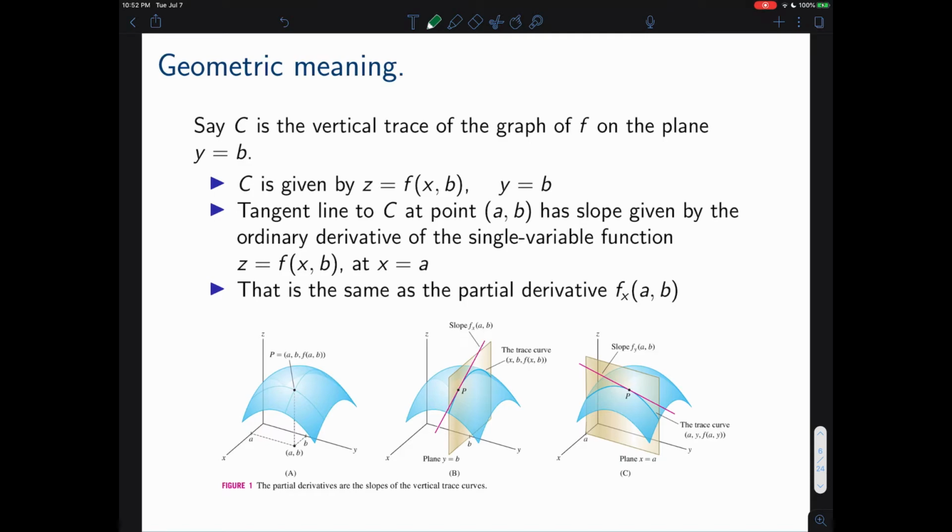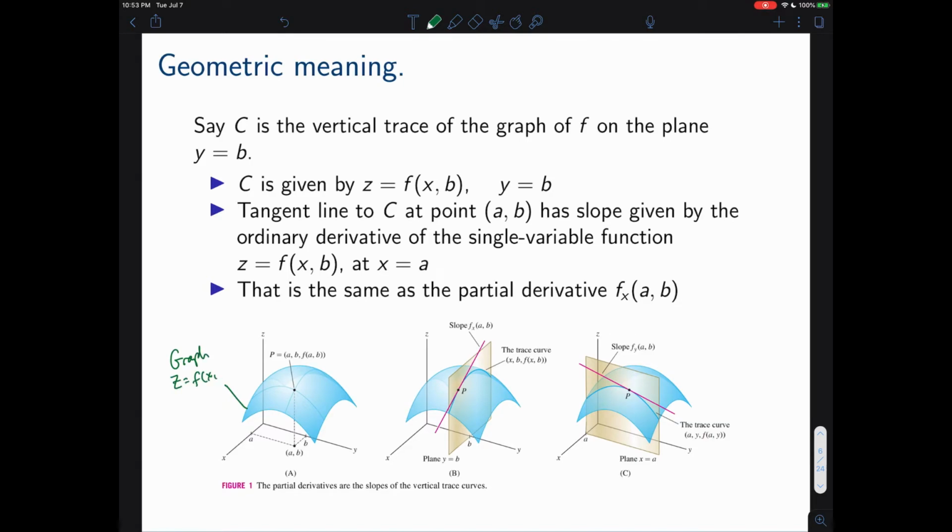And we can do the same thing for partial derivatives. So let's take the graph of a function. So this blue surface is a graph of the function. It's the graph given by z equals f of x y.